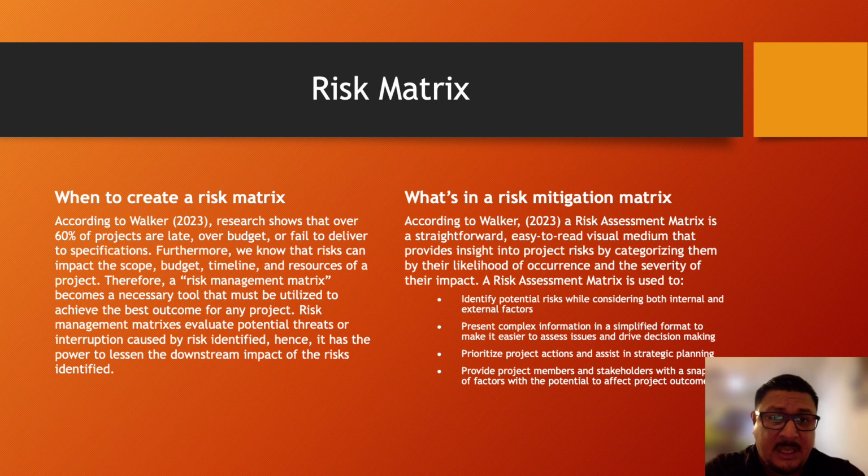What is in a risk mitigation matrix? According to Walker 2023, a risk assessment matrix is a straightforward, easy to read visual medium that provides insight into project risks by categorizing them by their likelihood of occurrence and the severity of their impact.